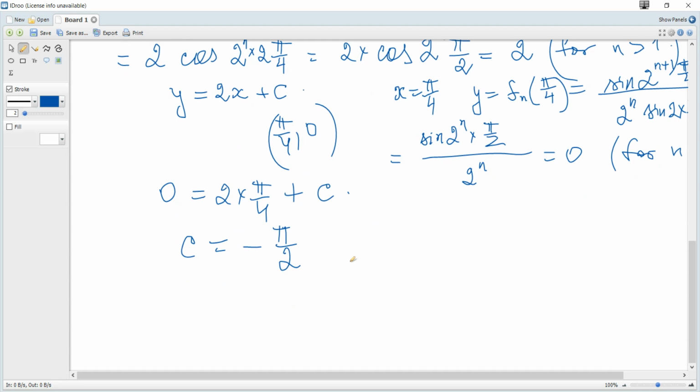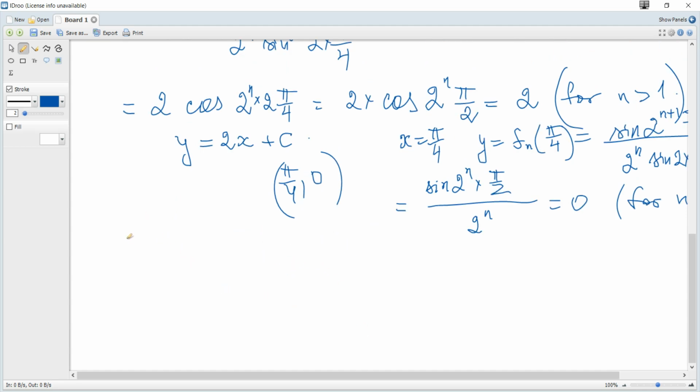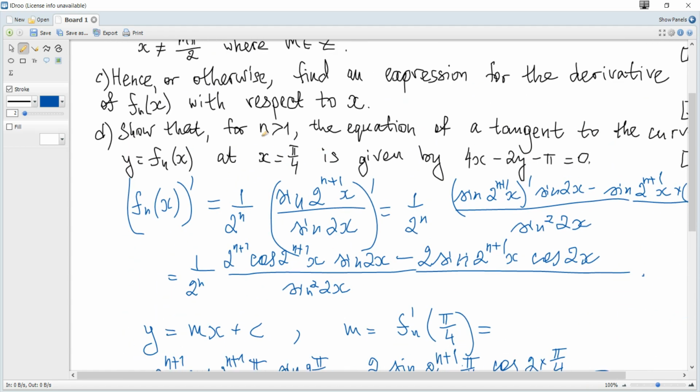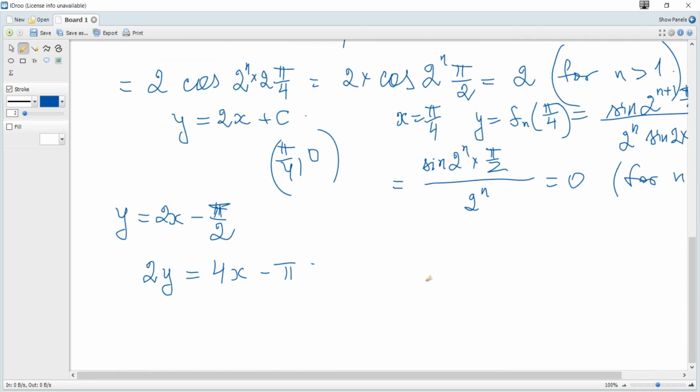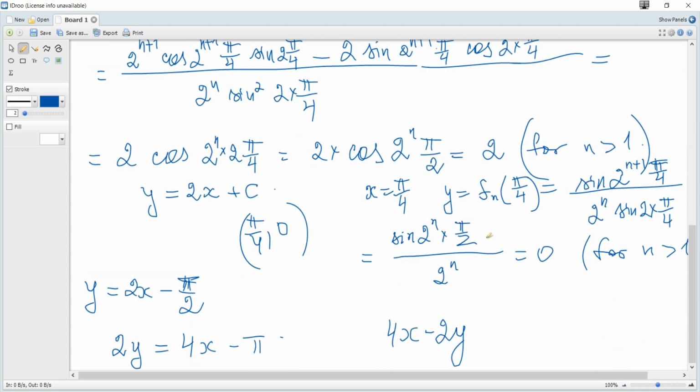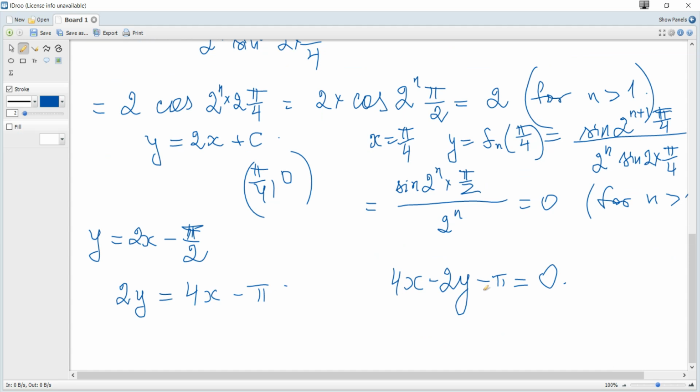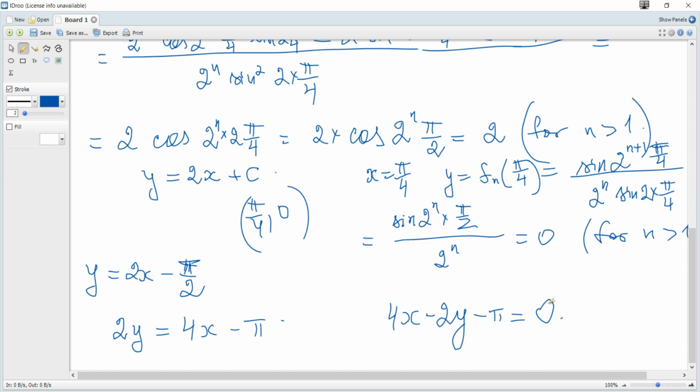Hence the equation of the tangent becomes y equals 2x minus pi over 2, and multiplying by 2 to get 2y equals 4x minus pi, and yes, it's correct: 4x minus 2y minus pi is equal to 0, so it's the required equation of the tangent, and it's correct as required. And that's all for this question.